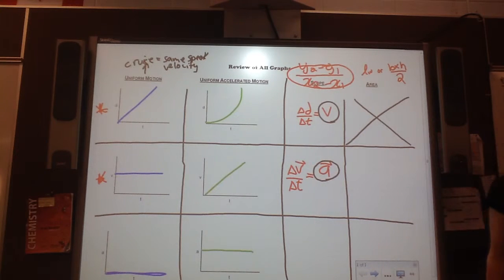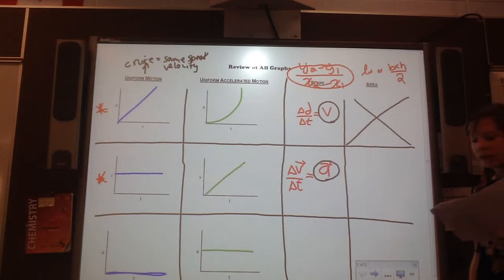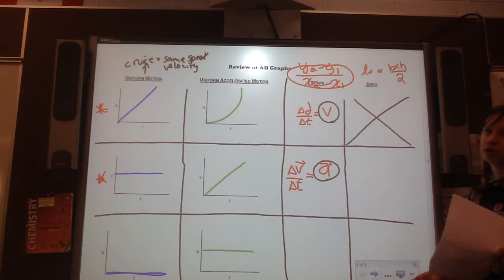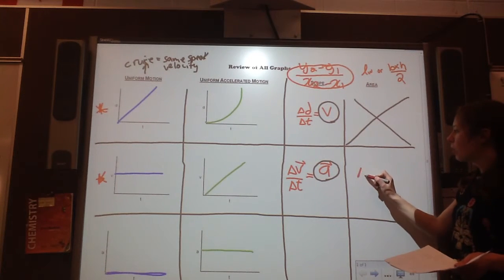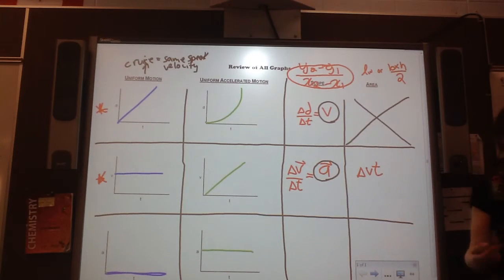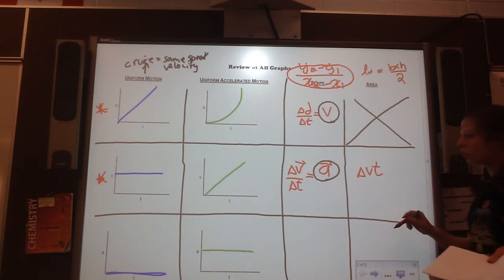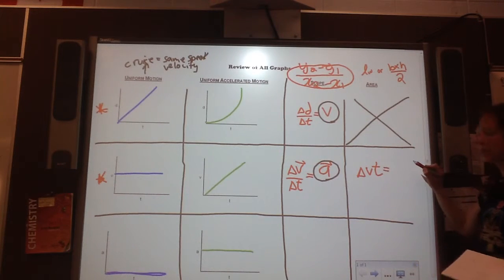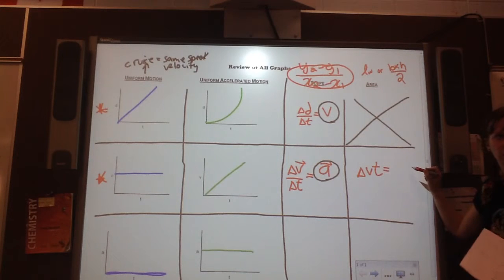If I find an area for a VT graph, whether or not it's a triangle, I multiply delta V times T. If it's a triangle, you divide that by 2. But if you're multiplying those two things together, what does that have to equal?